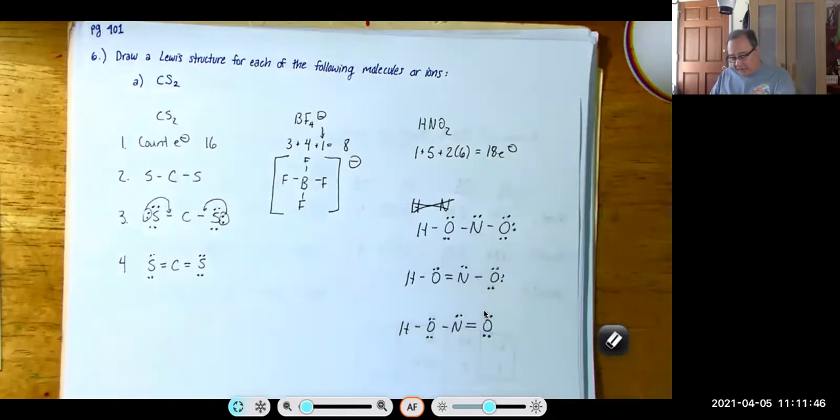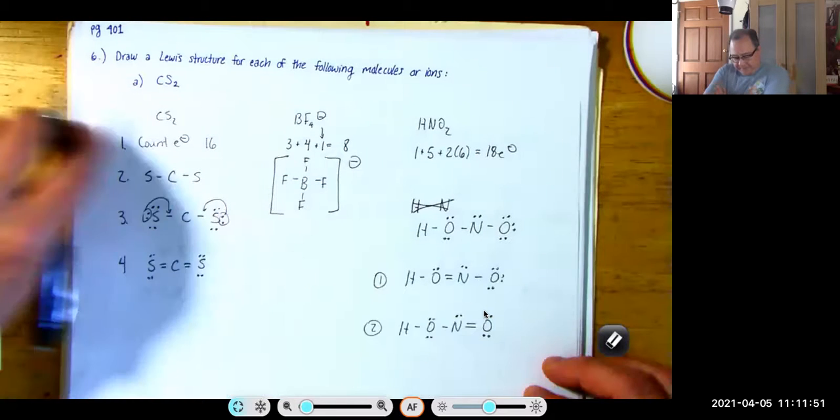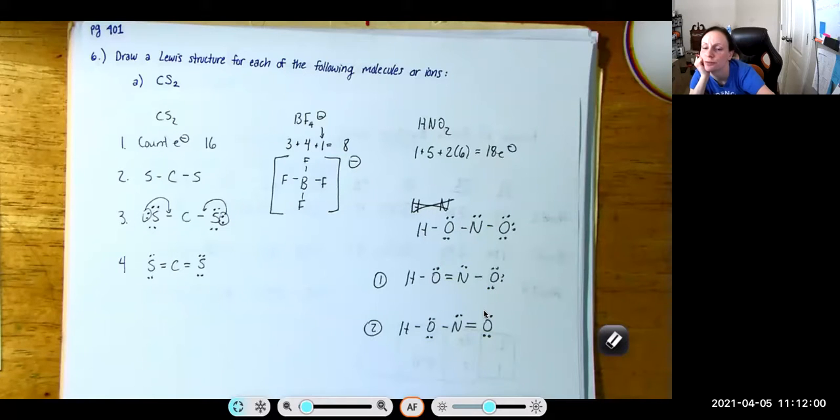So which choice do we like better, number 1 or number 2, and why? Maybe number 2. It's more symmetrical.